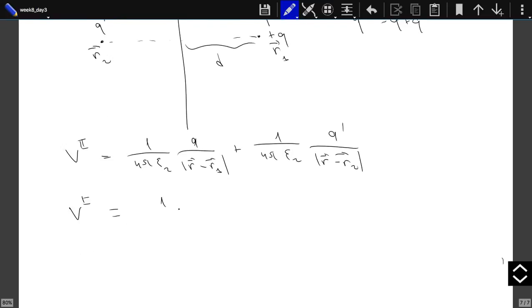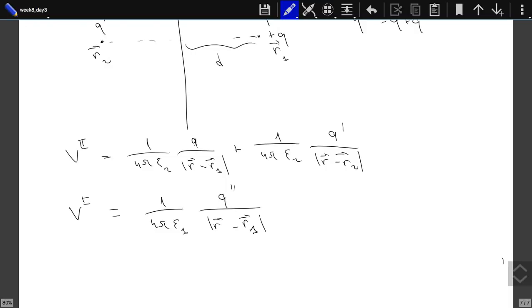So this is 1 over 4 pi epsilon 1 Q double prime over R minus R2. R1, sorry, this is R1. R1 is the position of this charge over here.